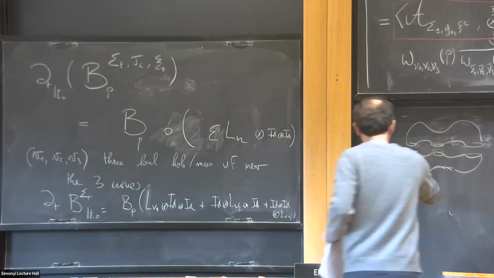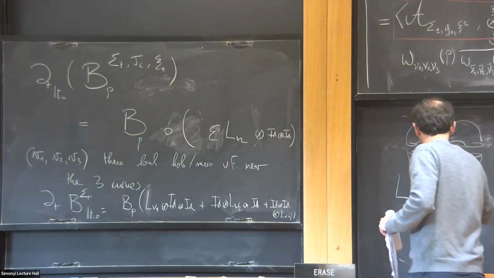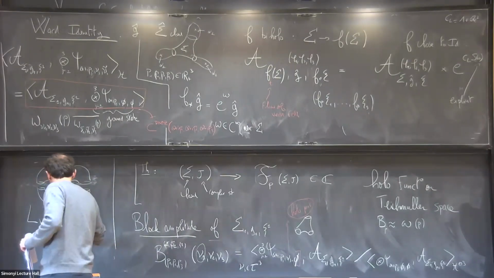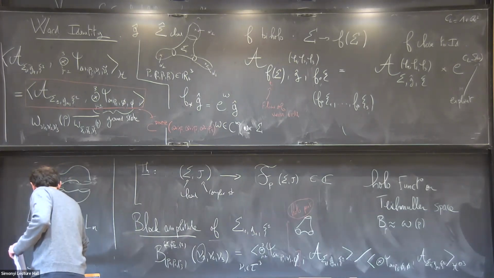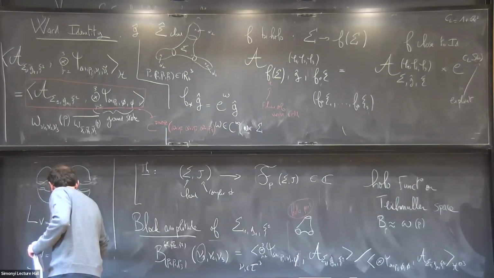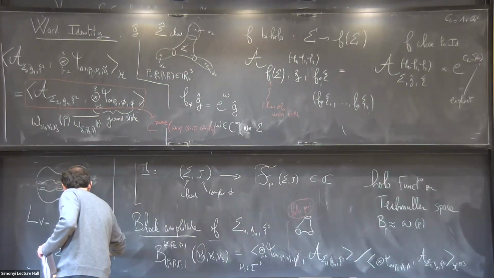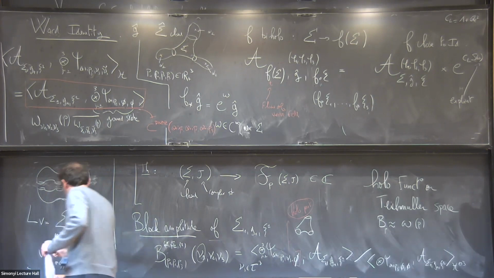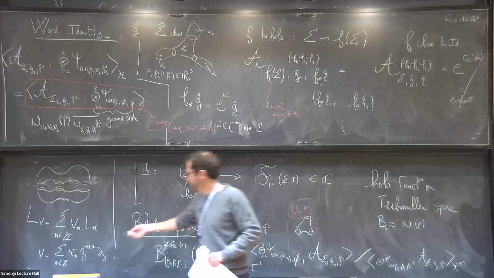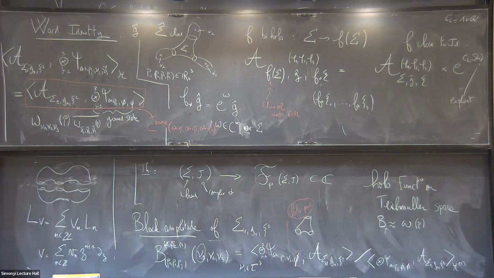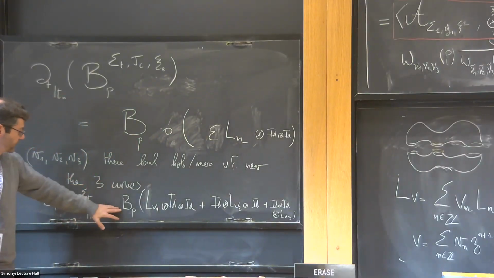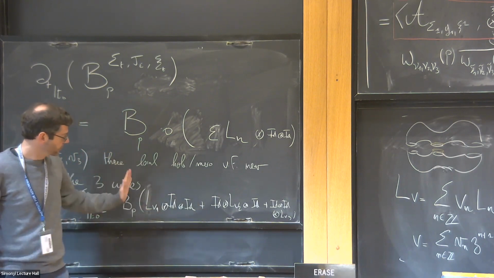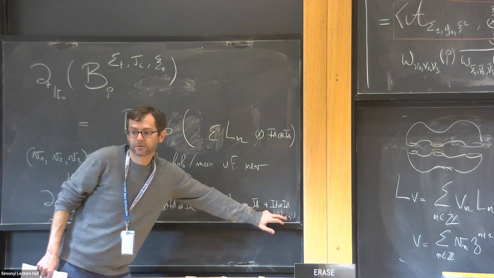And what are these L_V? L_V is equal to the sum of v_n L_n for n in Z, where V equals the sum of v_n z^(n+1) for n in Z. So if you take your meromorphic vector field, you take its flow, you look at the quantization, you actually see that it's like composing the block amplitude by this L_V1 on the first component, and L_V2 on the second component, and L_V3 on the third component.